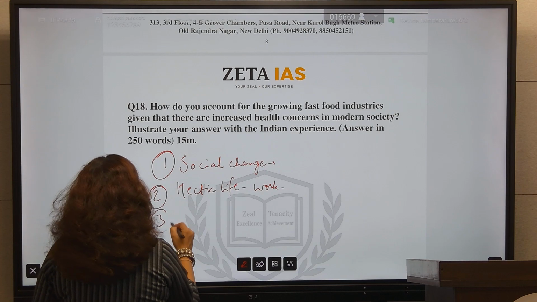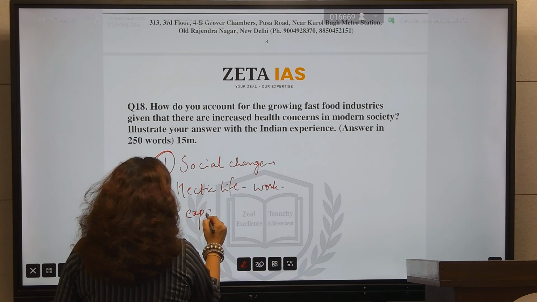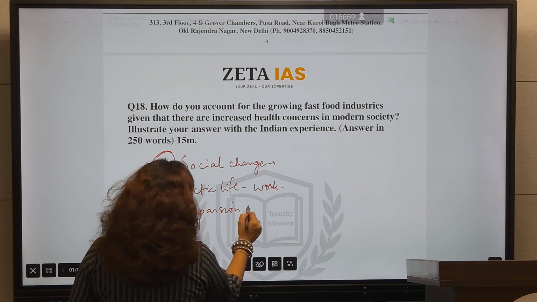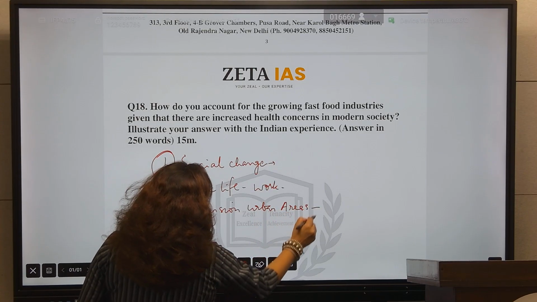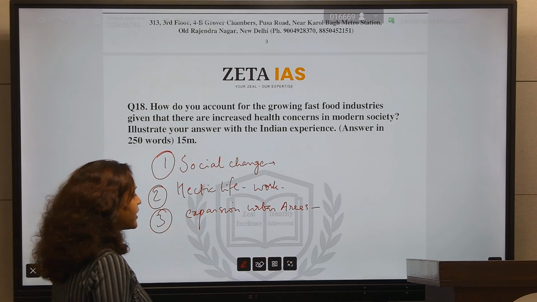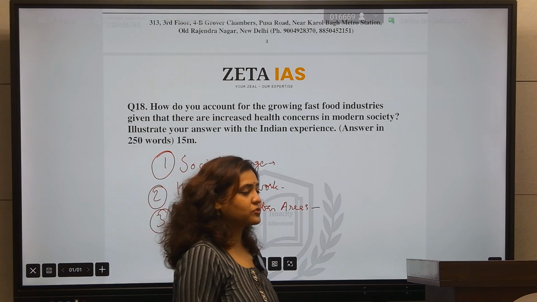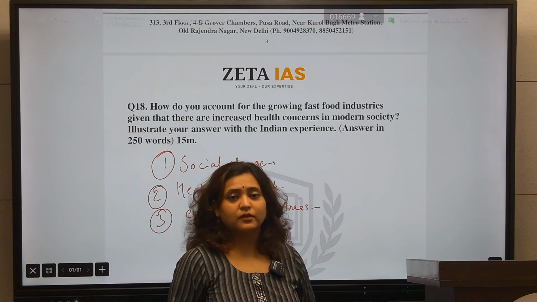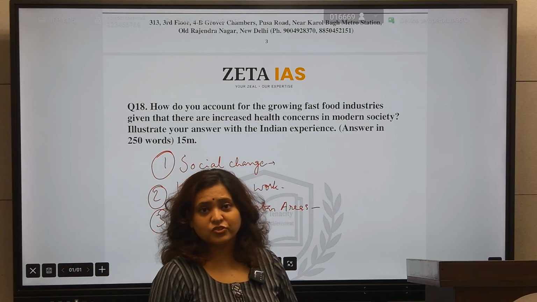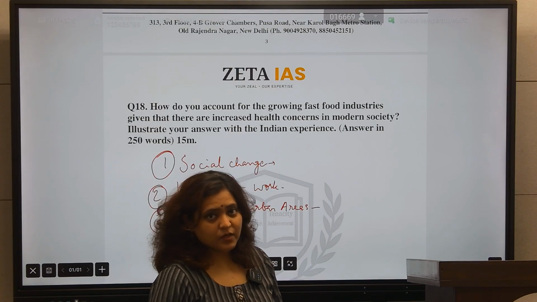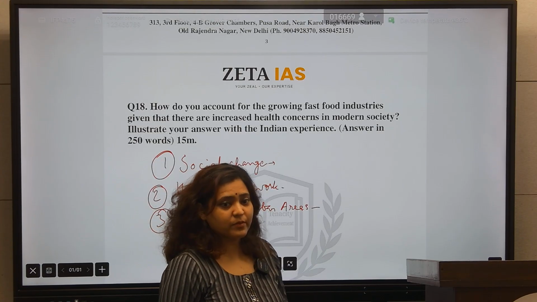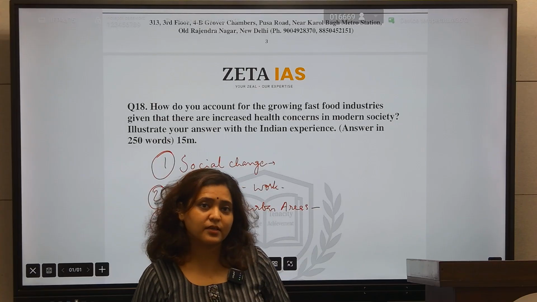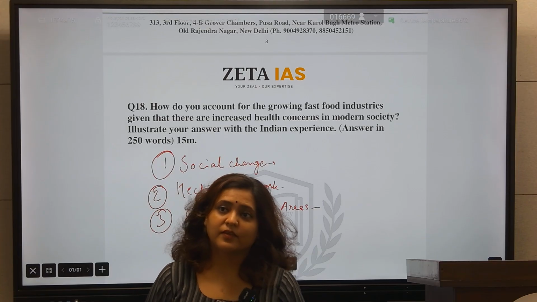Then thirdly is expansion of urban areas. Now, you might have seen, I don't remember the date, but I think last week or the week before, the long jam in Gurgaon, and imagine that in every metro city, or even every city that is now expanding, there is a traffic problem.